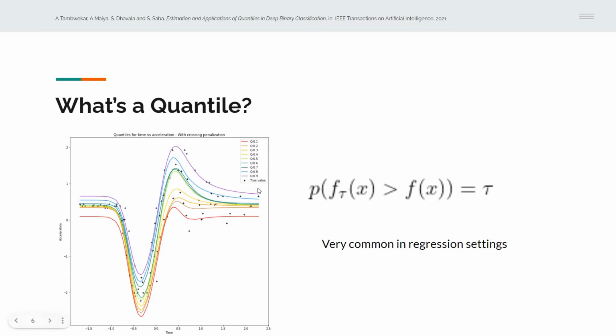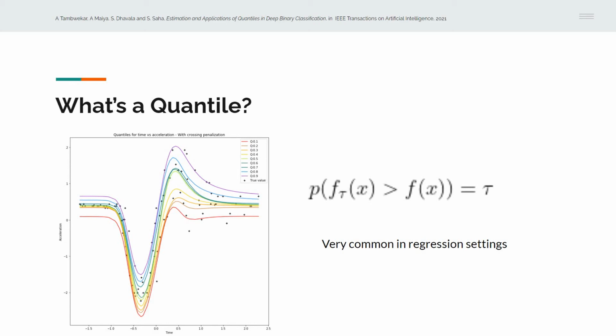The bottom one over here, this red curve corresponding to Q0.1, is the 10% quantile, or tau is equal to 0.1. And what it means is that 10% of the points that are present in this distribution lie underneath this curve, or this curve is greater than 10% of the points that are present. The most common one that you're likely to come across is the median, given by tau is equal to 0.5.